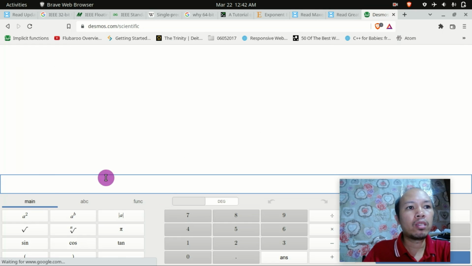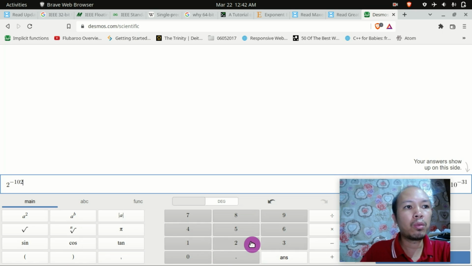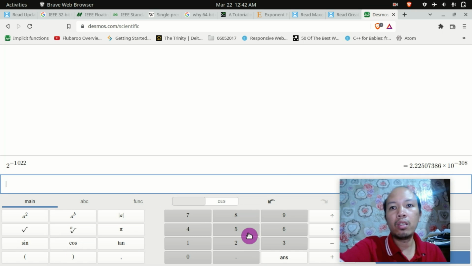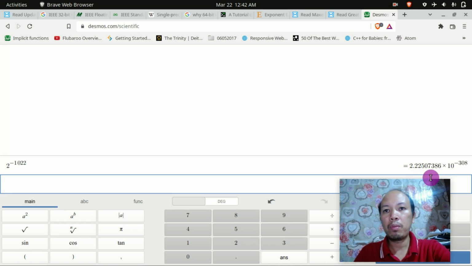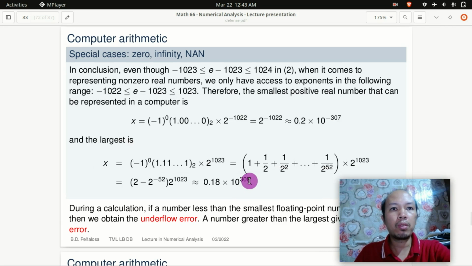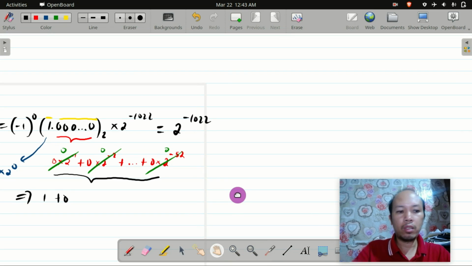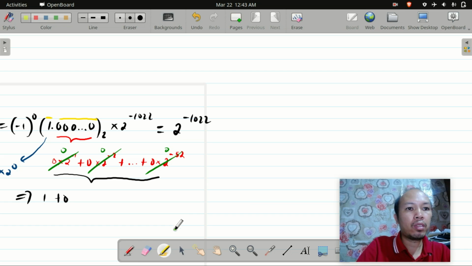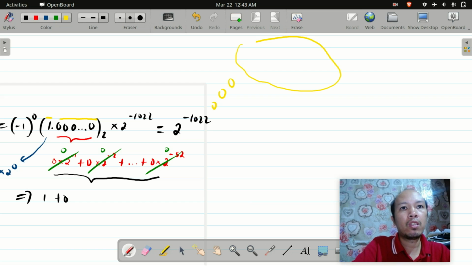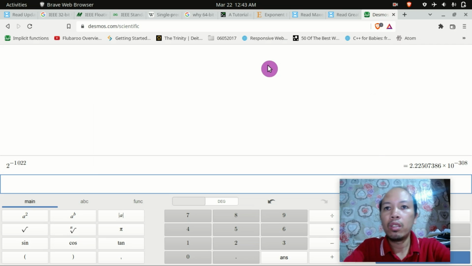If you type 2 raised to the power of negative 1022 and press enter, you will have 2.22507386, and so on.